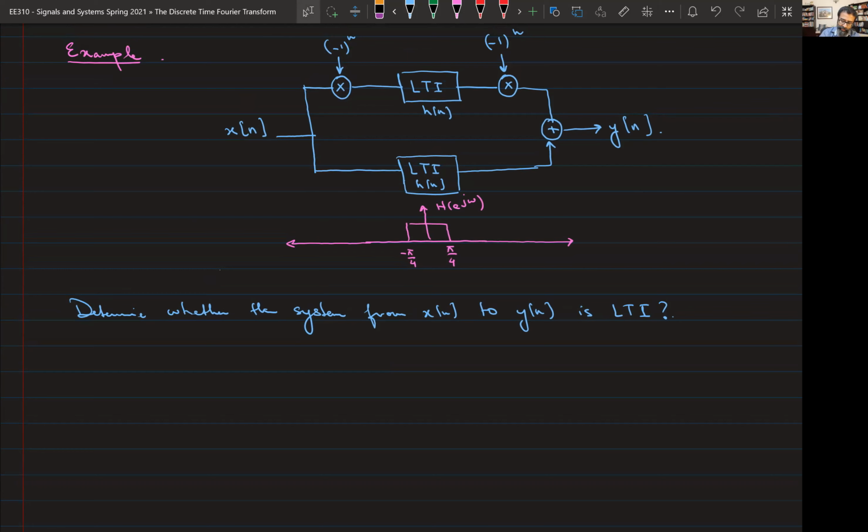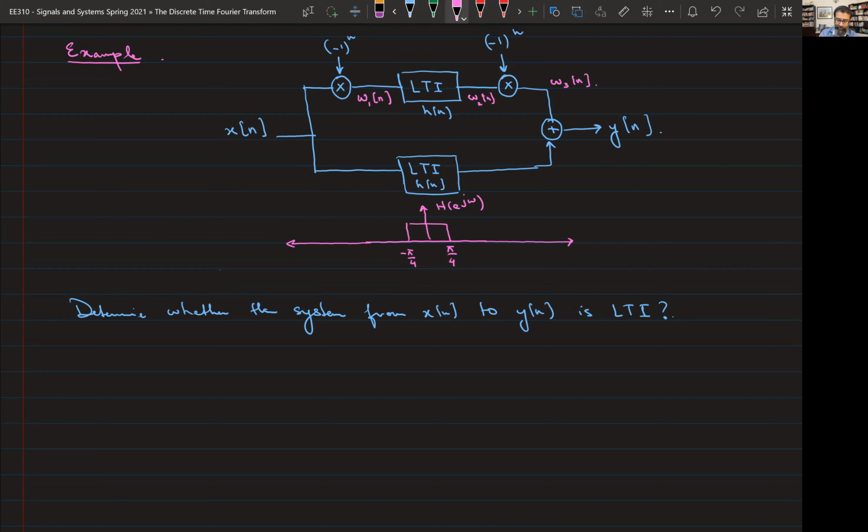So what I'm going to do here is define intermediate signals. Let's say this signal here is called W1 of n, and the signal here is called W2 of n, and let's say the one here is W3 of n, right?